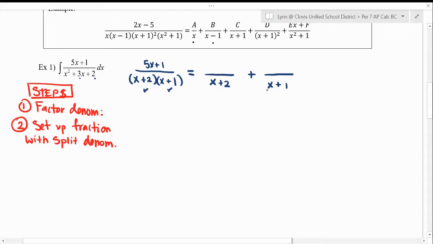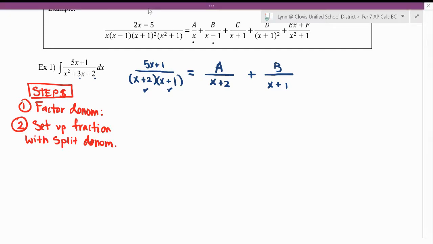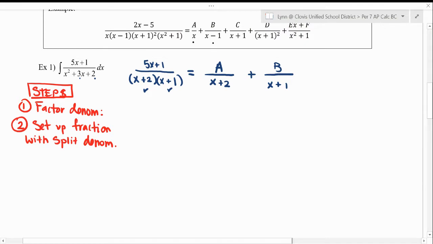So that means the original fractions that were added together had to have those in them, right? What we don't know is what the numerators were. Like I don't know what was up here or up here, so that when I got common denominators and added, I would end up with 5x plus 1. So then we set that fraction up with whatever those numbers happen to be. And then from here, we're going to solve for A and B.